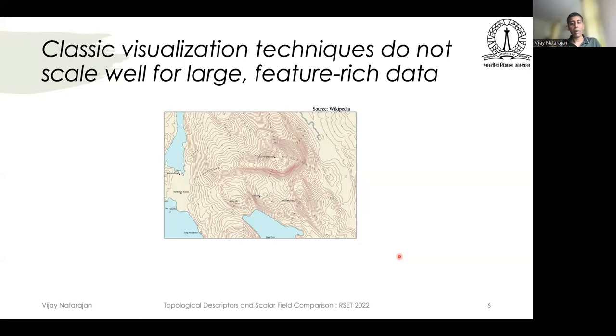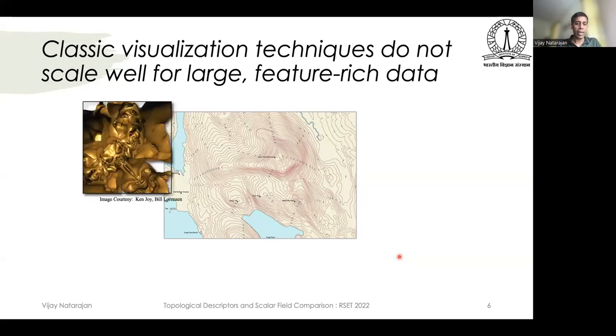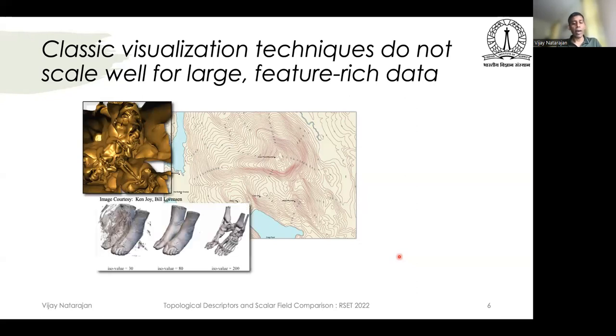So each curve here represents a collection of points at a given altitude. Isocontours extend to 3D, where we have isosurfaces. Isosurfaces play an important role in the understanding of three-dimensional data. As you can see here, different surfaces of interest can be extracted as isosurfaces from a 3D volume.